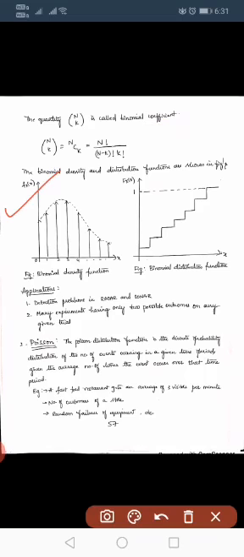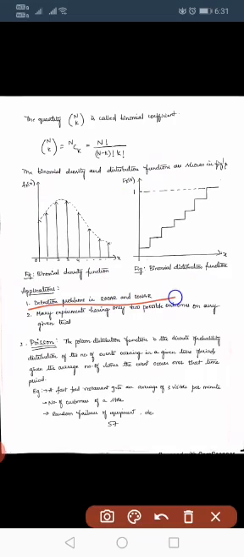And now these are the two curves: this is the binomial distribution, and this is the binomial density function curve. The applications of this binomial function are: it is used to detect problems in radar and sonar. And in many experiments, if only two possible outcomes are expected, then we use this binomial function. Next one is the second one, the Poisson.